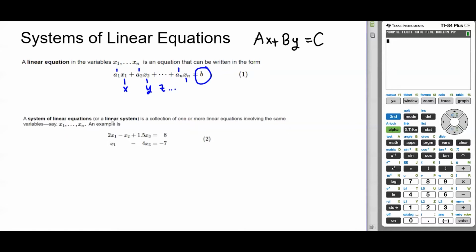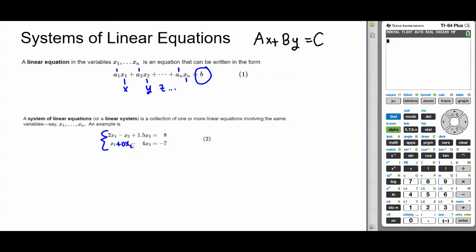And a system of linear equations is just multiple linear equations grouped together. In this case, we have two linear equations grouped together, and there are three variables: x1, x2, and x3. This one doesn't have an x2, so you could imagine there's a 0x2 in here.